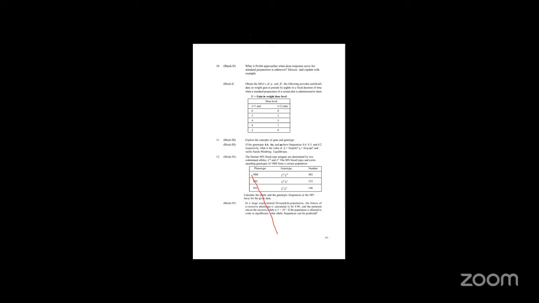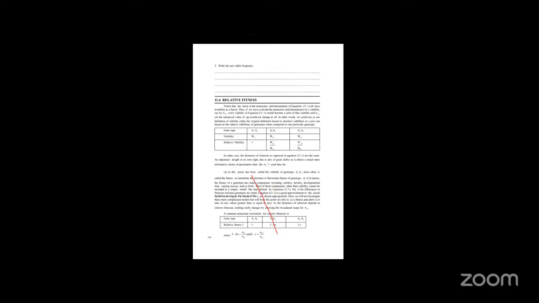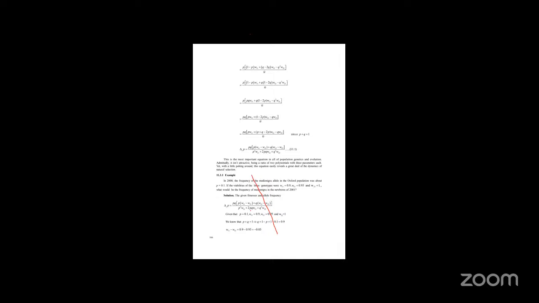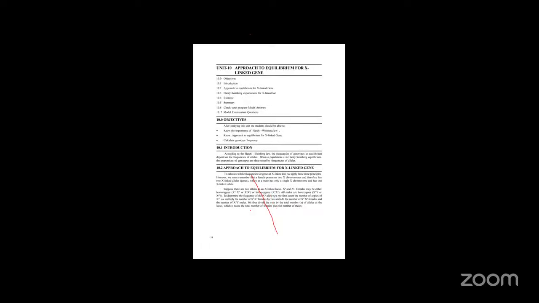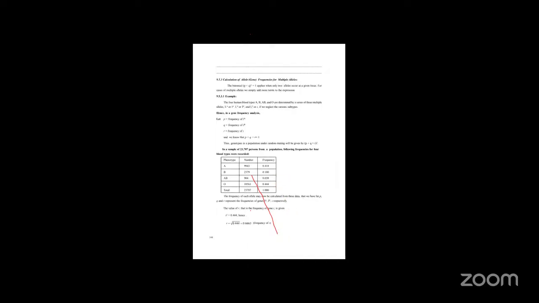So this is the model paper, please go through this. And these topics are very small. So this is the brief introduction I am giving you.